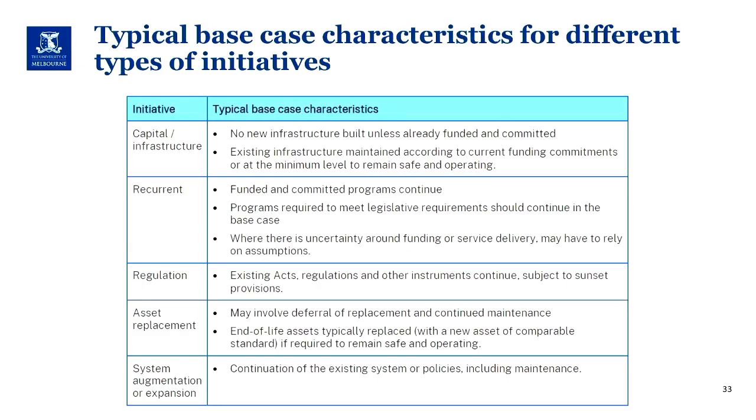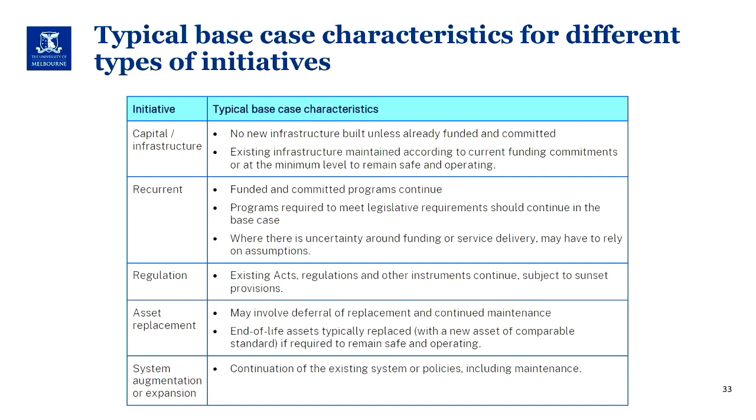So just to give you some examples of what could be the base case for different initiatives. Here we have the capital or infrastructure. Here the idea is that you don't need new infrastructure built unless already funded and committed. So you already have the project and the funding for that infrastructure, and to keep it running, you are not looking for any additional funding.